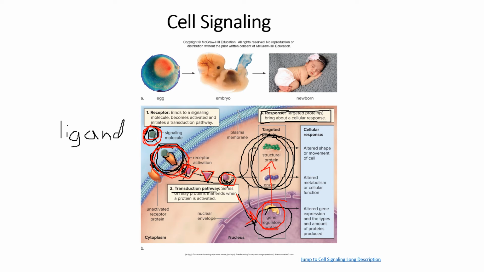So it'll have instructions to build a glucose transporter. That transporter will go to the plasma membrane, and then glucose can enter our cell. And that's how cells eat. So it's all through cell communication, not just between cells, but from the surface of the cell to the nucleus.